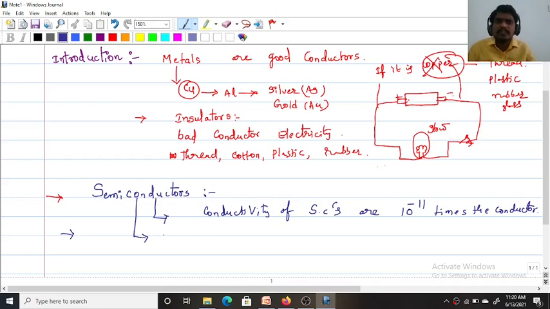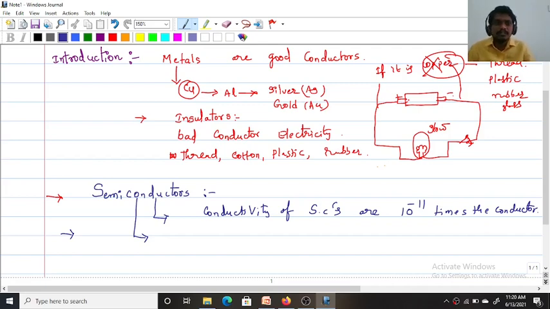Semiconductors are extensively used in various electronic devices like digital cameras, laptops, computers, mobile phones, washing machines. Wherever there are control systems, like sending rockets to another planet, where we are controlling the conductivity, we use these semiconductors.